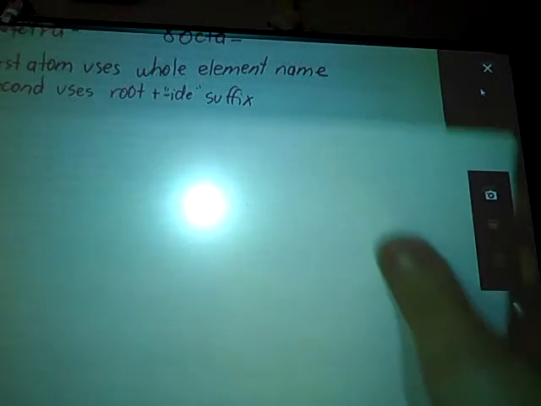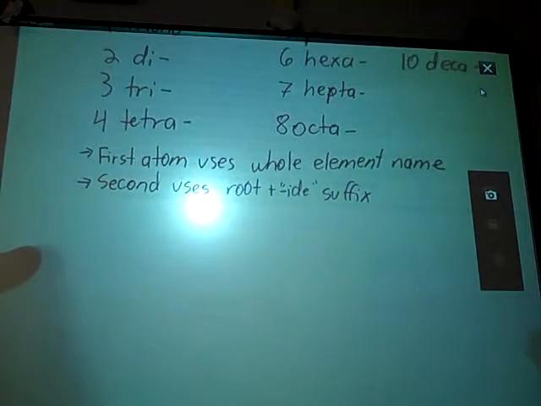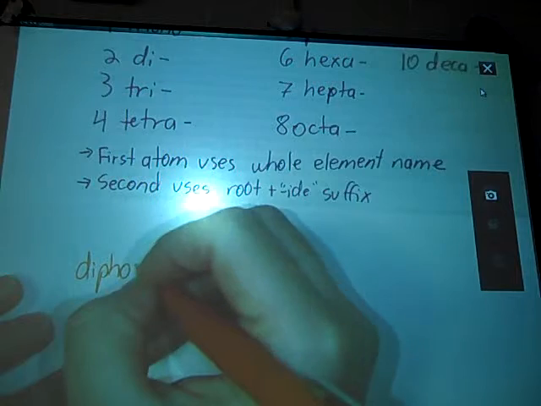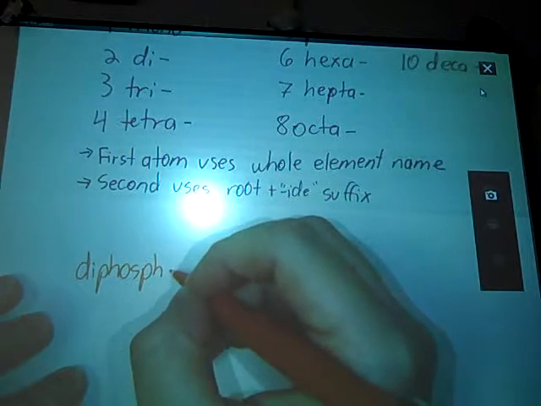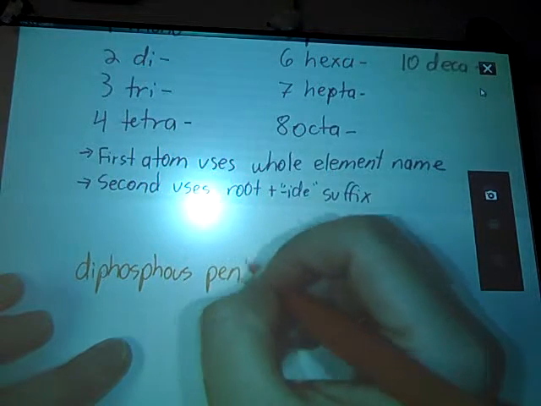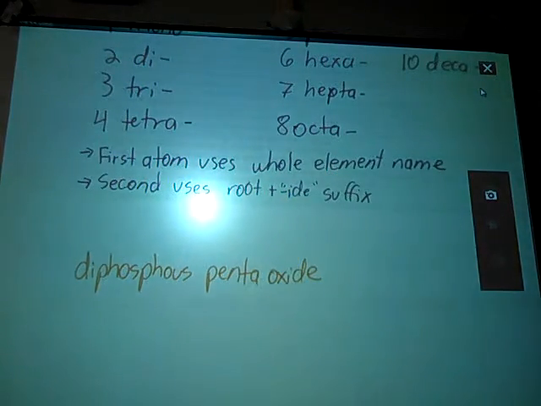Let's try just a couple going the other way, from the name to the formula. So let's try perhaps diphosphorus pentaoxide for starters.